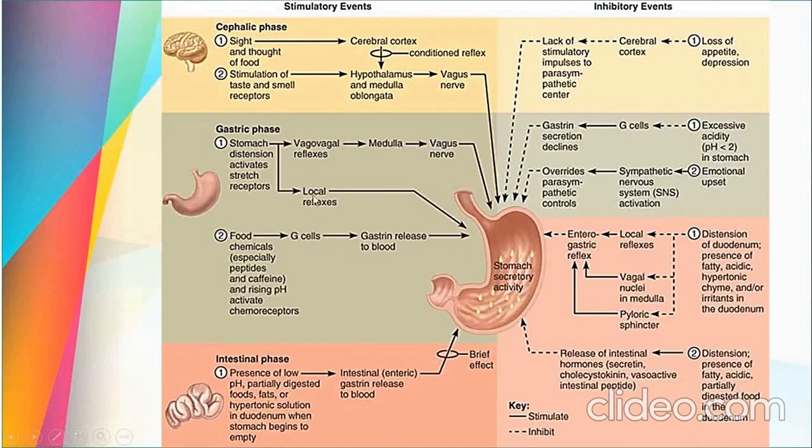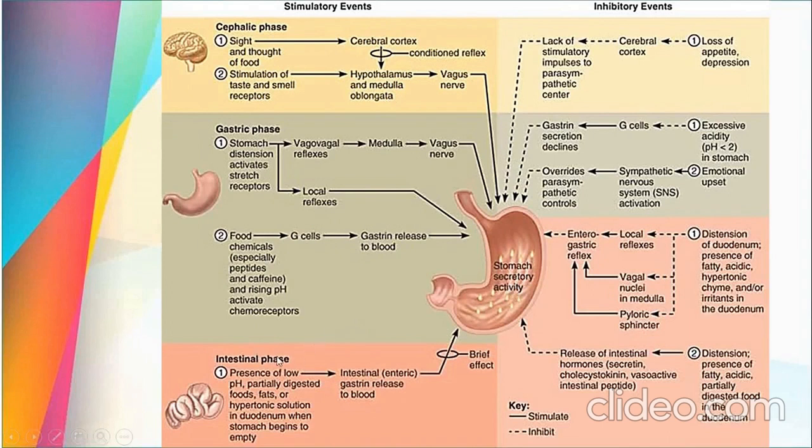Next, again the local reflexes stimulate the acid secretion. Next one is the food chemicals, especially peptides and caffeine, and rising pH activate the chemoreceptors. They activate the G cell and after that gastrin is released to the blood and stimulates stomach secretory activity.